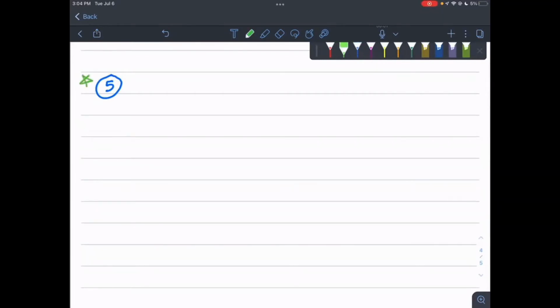Number 5, I'll put a little star next to this one. Of all the ones that you'll see, this one will probably be maybe the trickiest to conceptualize at first. Got a 52-foot ladder. It reaches up 48 feet on the building.